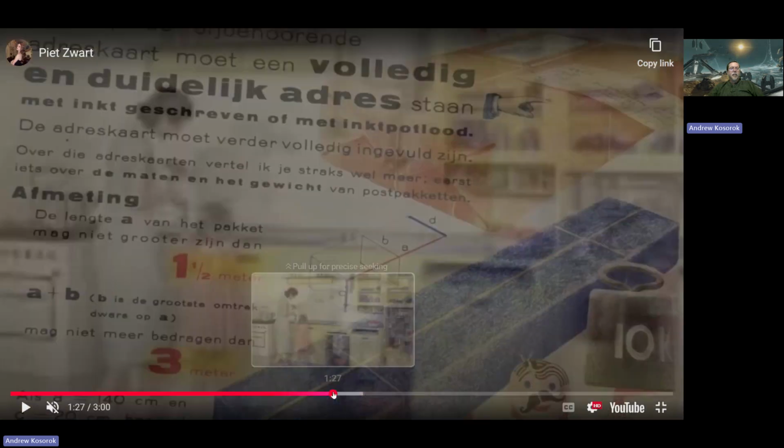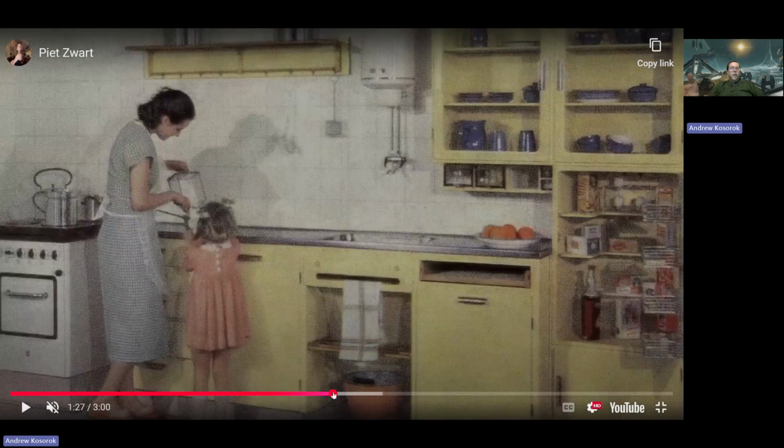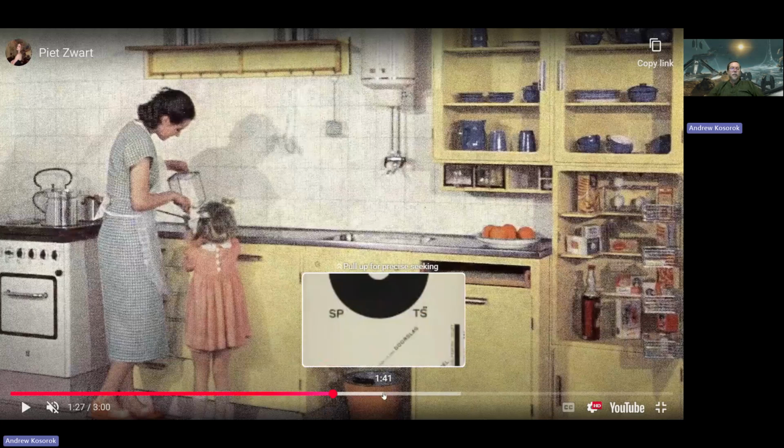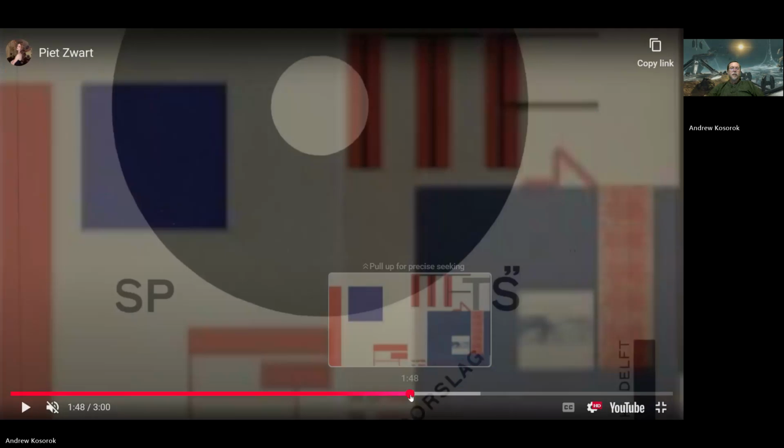And it's just interesting to see that this very much looks like an IKEA kitchen. This Piet Zwart design reminds me very much of IKEA, and it reminds me a lot of the Russian constructivism, but you can really see these strong shapes that were so indicative of De Stijl. I think that's absolutely fascinating. Primary colors.